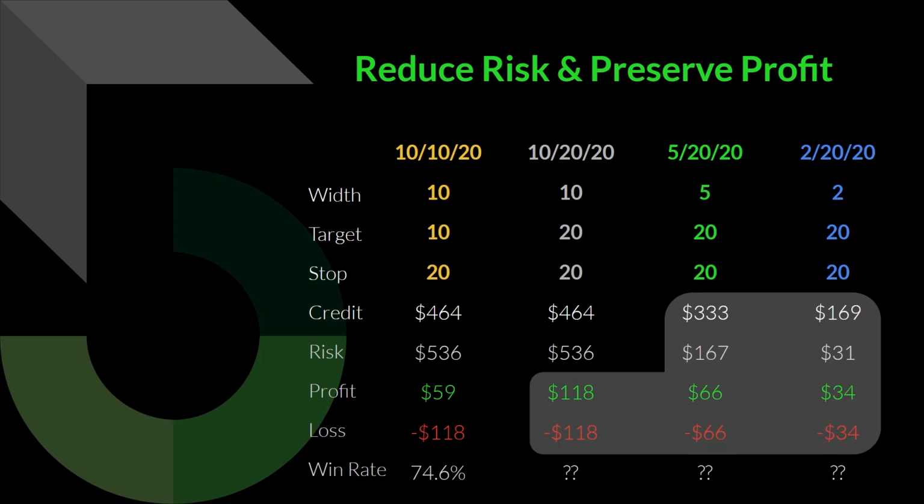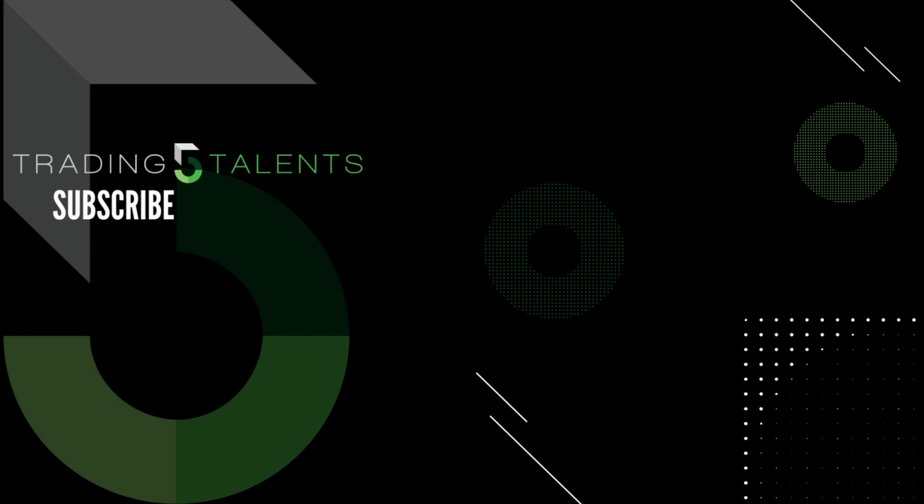So I'm not exactly sure if any of these other iterations, the gray one, the green one, the blue one, are going to work any better than the original yellow one, the 10-10-20. But I'd like to try. And if you can do it for free in a paper environment, it's safe, it's not costing you anything, then that's why I want to try. I'll report back and let you know what those results are.